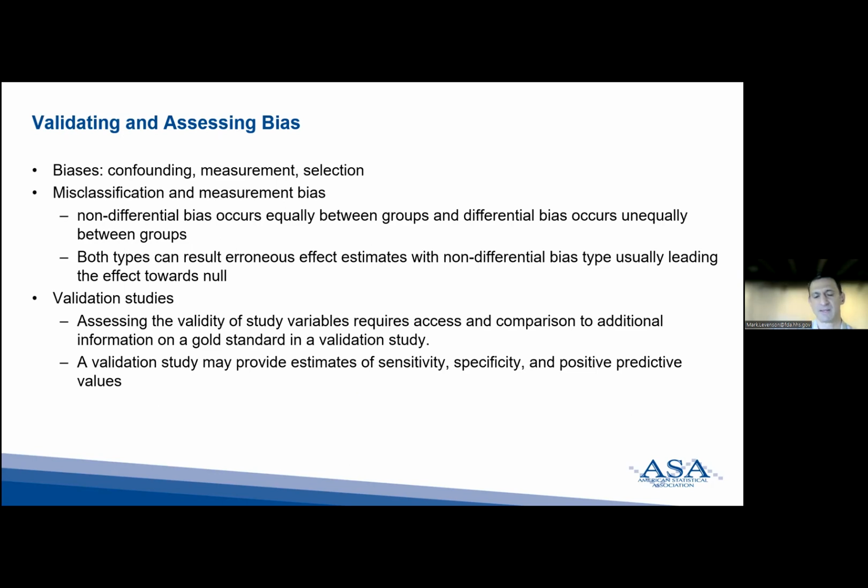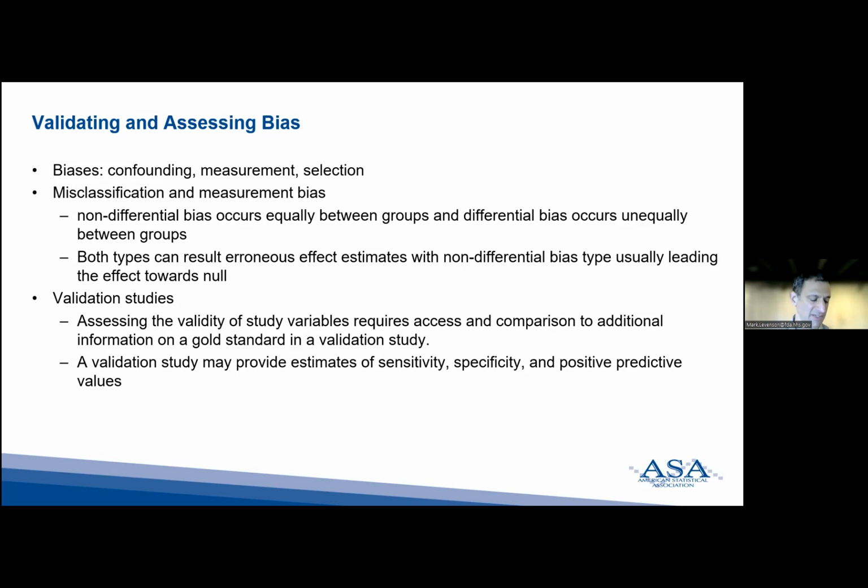For confounding, if your data set doesn't have important confounders, that's relevance. That's a lack of important variables. So it's kind of like presence or absence of variables for confounding.